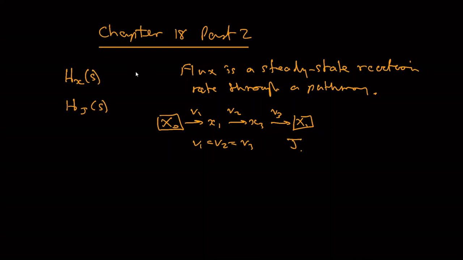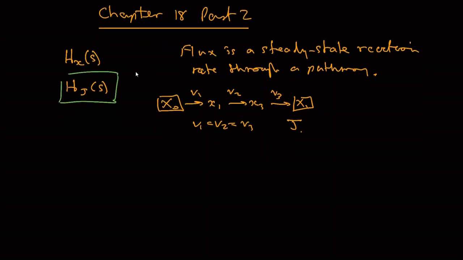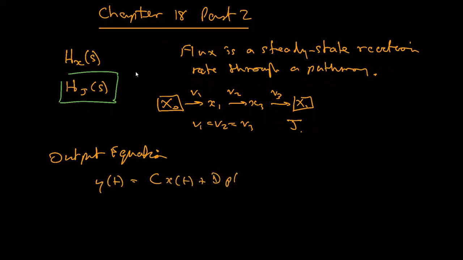Okay, so how do we work out then Hj of s? Well, the way we do that is by considering the output equation. The output equation formalism, which was y(t) equals C x(t) plus D p(t), where C and D are the two matrices.